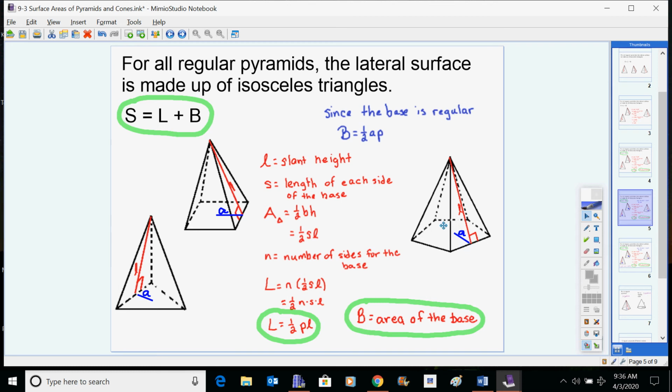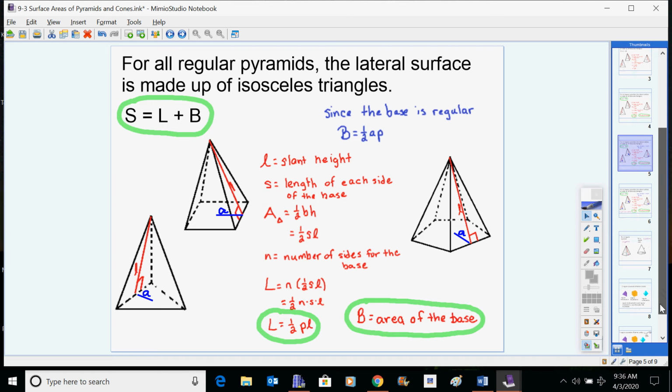It makes a right angle with it, just along the flat bottom of this. So your base is 1/2 of the apothem times the perimeter, because we had already talked about where that formula came from when we were in that section.